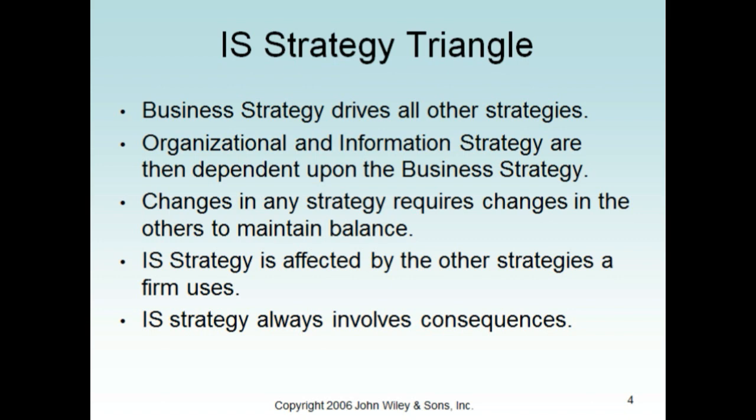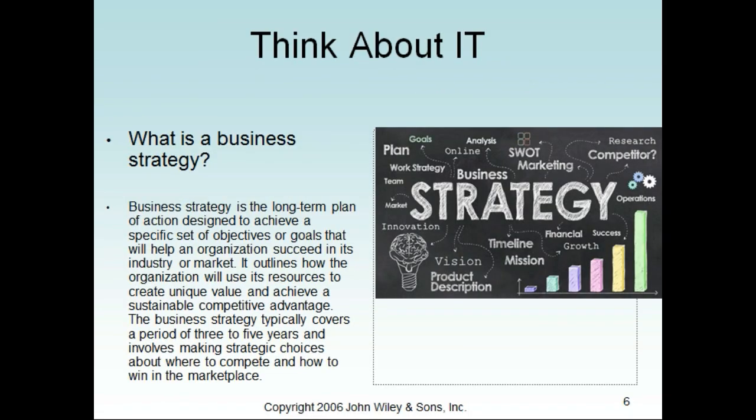The information system strategy triangle helps organizations to understand the impact of their IS on their overall business objectives. It ensures that IS investments are made strategically and that they contribute to the company's overall success.